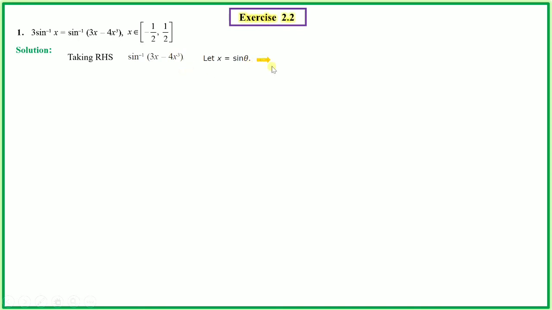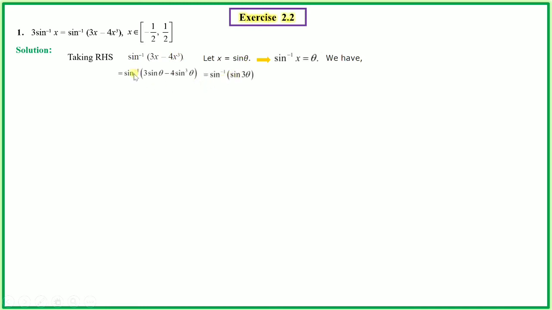When x is equal to sine theta, sine inverse x will be equal to theta. That value we need at the end of the question. So we have sine inverse of 3 sine theta minus 4 sine power 3 theta.